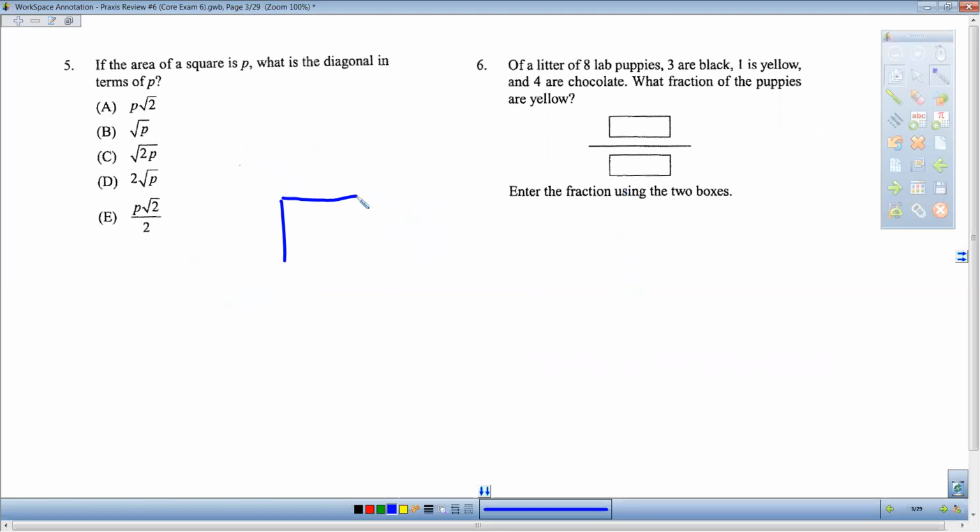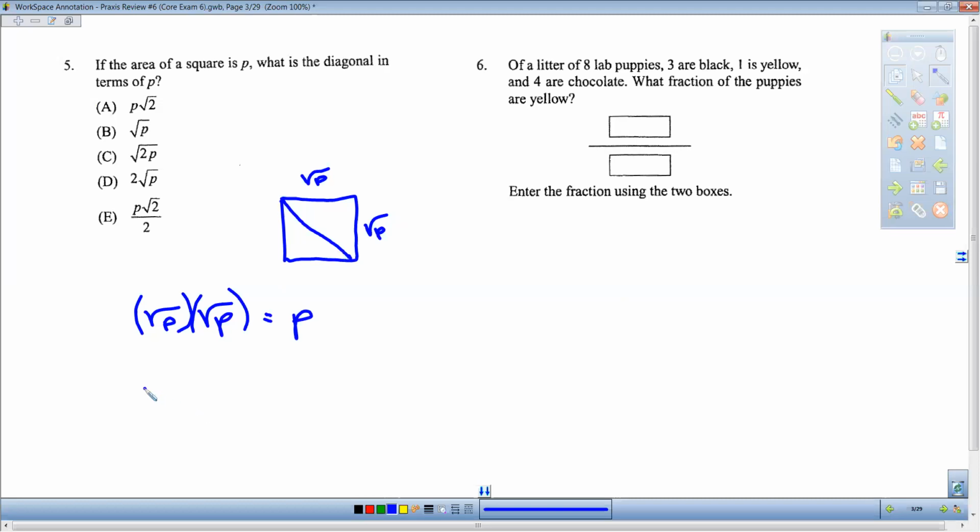Well, if we have a square and the area is P, then that means that the side length had to be the square root of P times the square root of P. So the square root of P and the square root of P, if you multiply these together, you're going to get P. So that would be the area. So what's the diagonal in terms of P? So we're looking for this here.